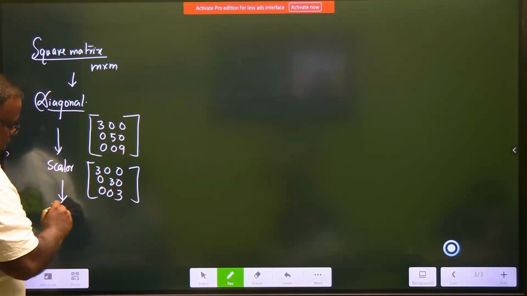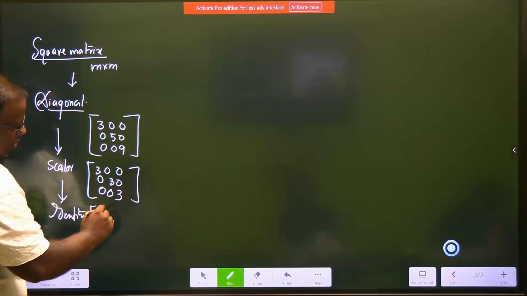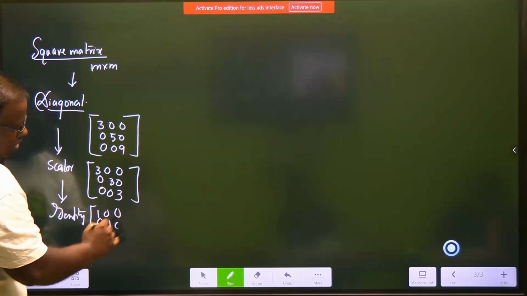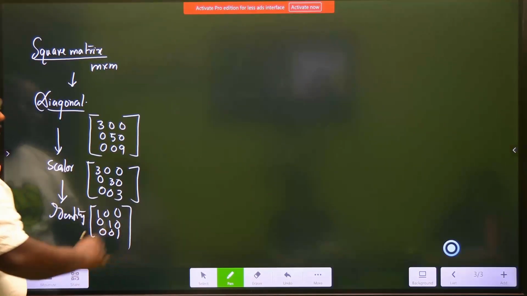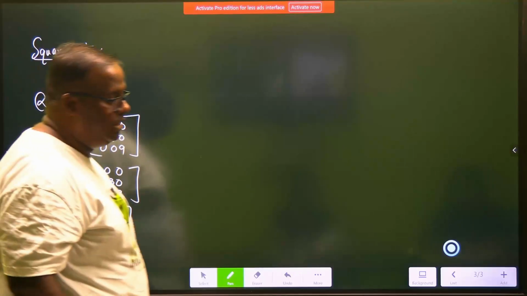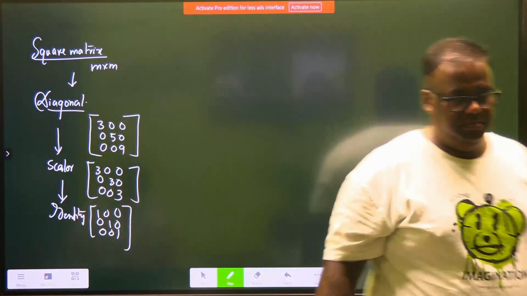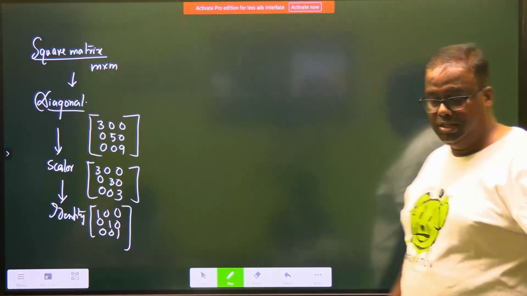Scalar becomes identity when the diagonal is 1. Just make a note of it. Square, diagonal, scalar, identity.